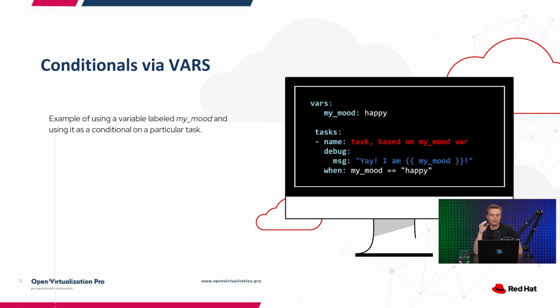Notice that in the task section, I have one task with some name, task based on my mood var example, with the debug module, which is going to print a simple message with a variable being injected into this message. These double brackets in here allow us to inject variables.